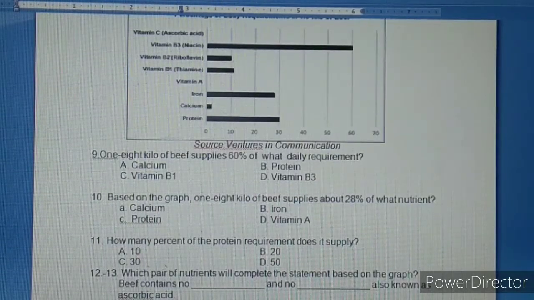So let's go back to the graph again. Which pair of nutrients will complete the statement based on the paragraph?